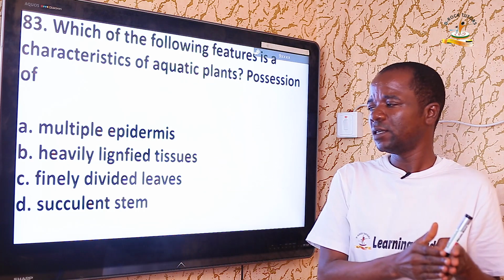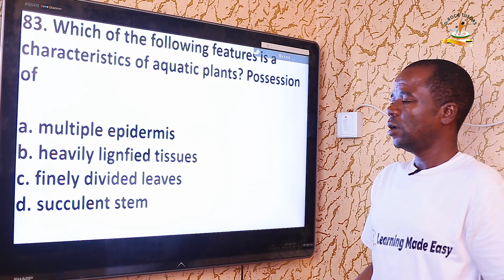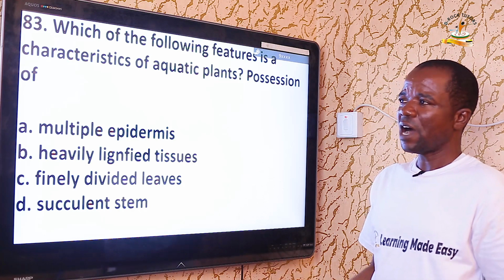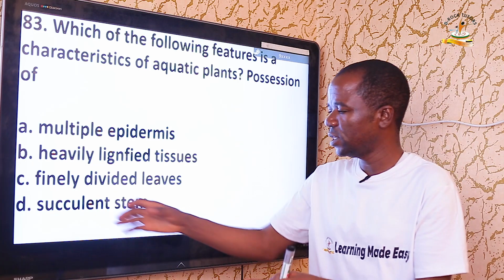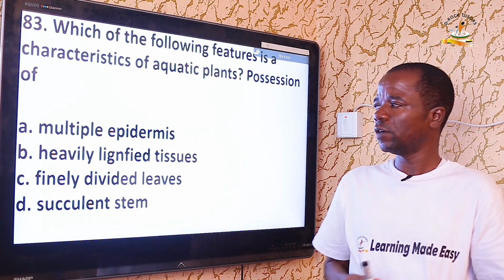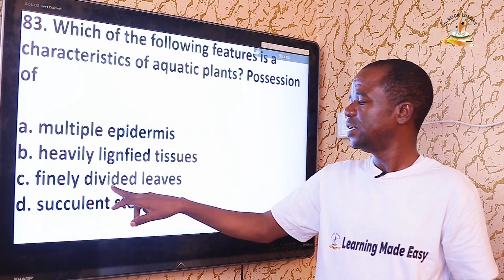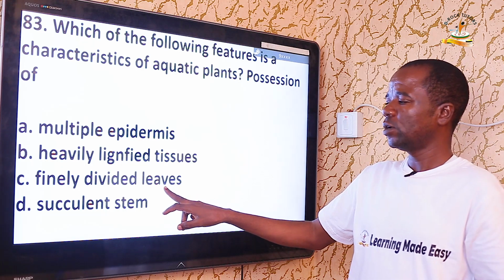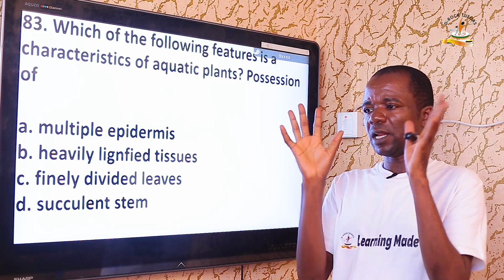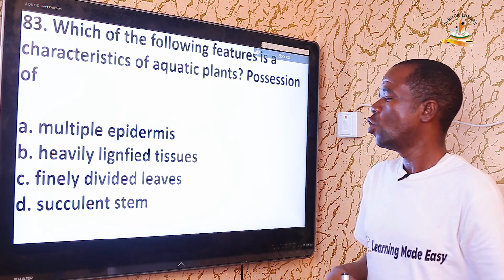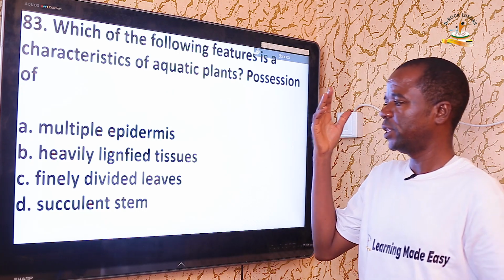Succulent plant is a characteristic of a plant found in arid land like desert where there are fewer water, because the succulent stem will be able to store water to conserve water. So finely divided leaves. What does that mean? When the leaves are finely divided, it provides a large surface area for water to be lost from them.